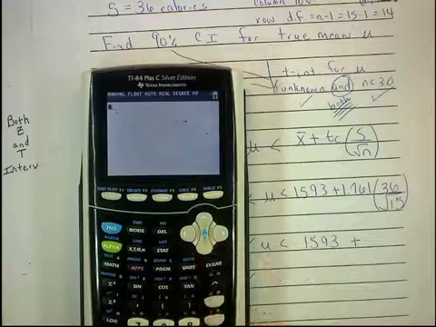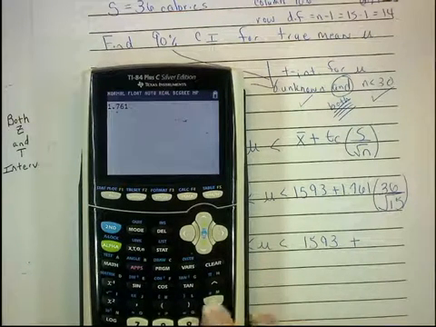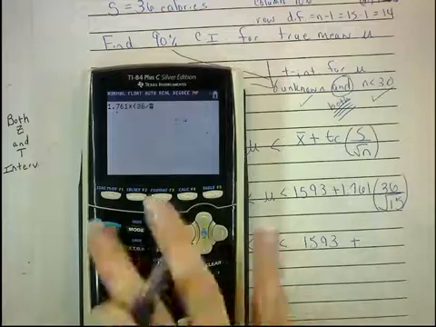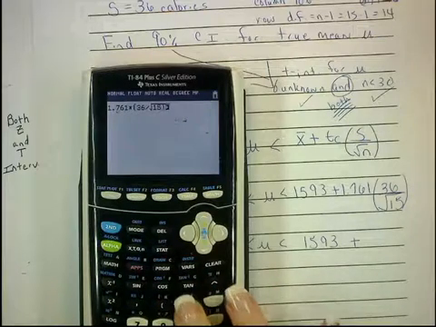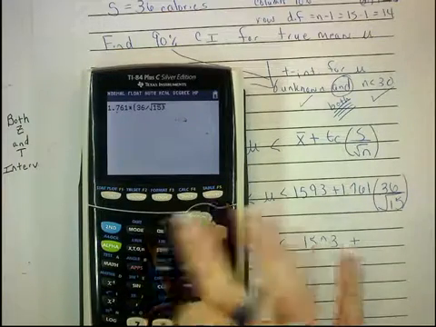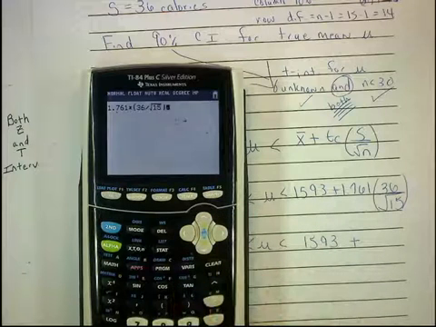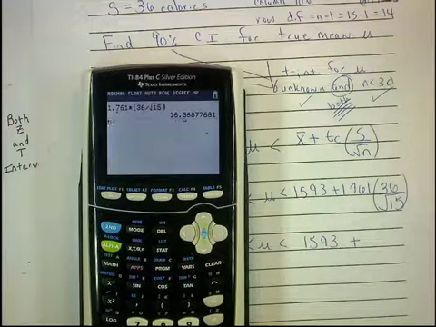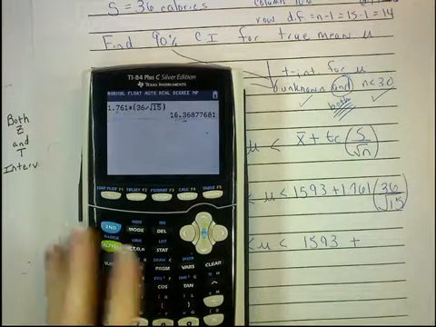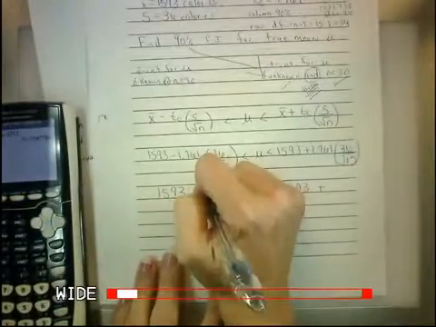1.761 times 36 divided by the square root of 15. E is 16.3688. Let me finish this by hand.